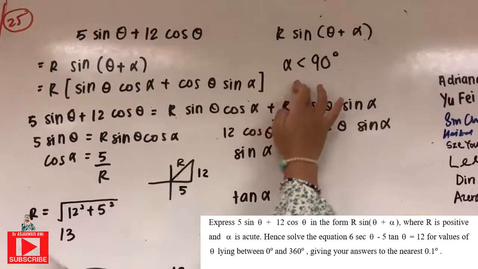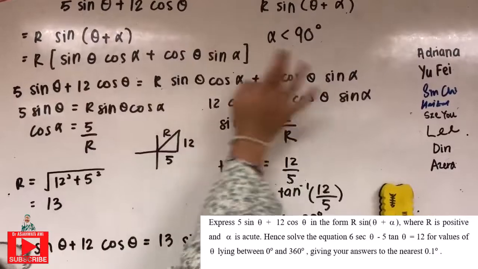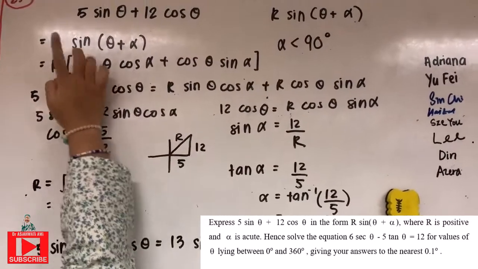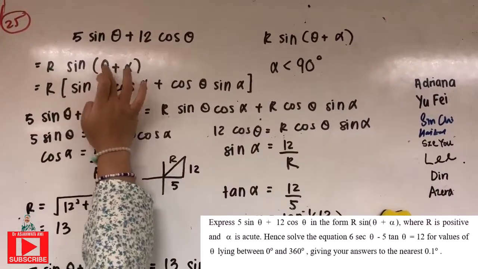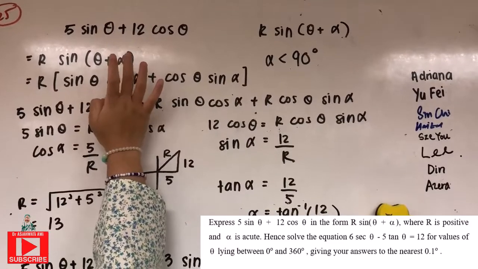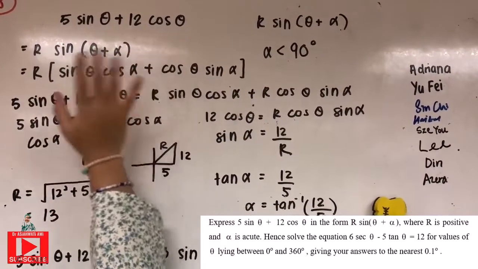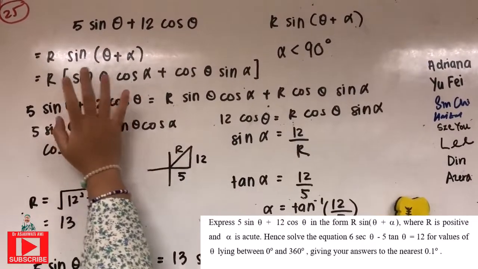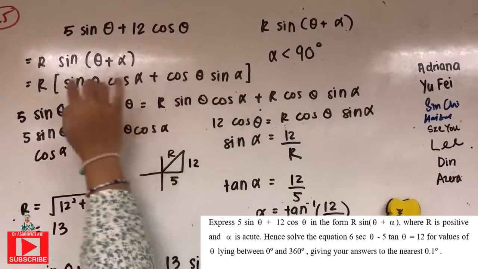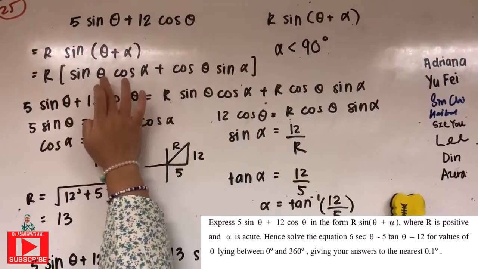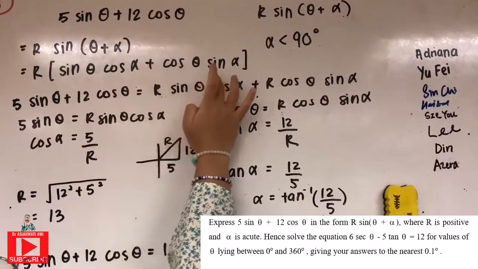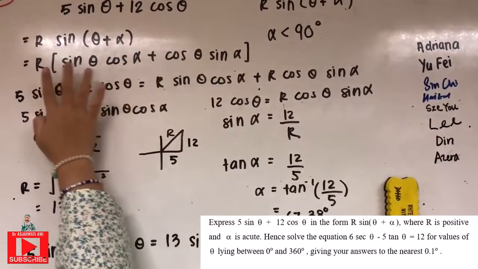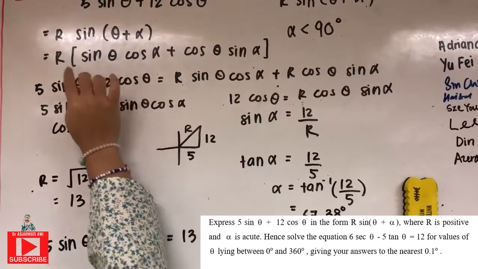Okay, so acute angle is less than 90 degrees. Then we write r sin theta plus alpha, and we use the compound angle formula to expand this. So r sin theta cos alpha plus cos theta sin alpha, and then we compare side by side.